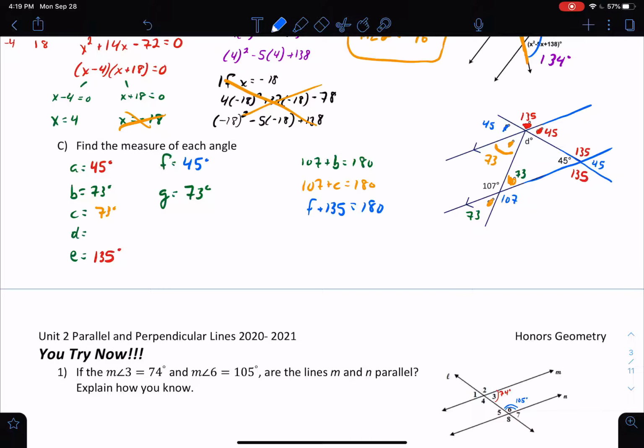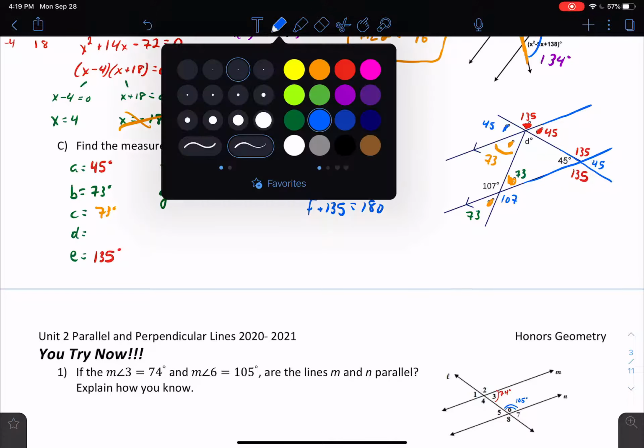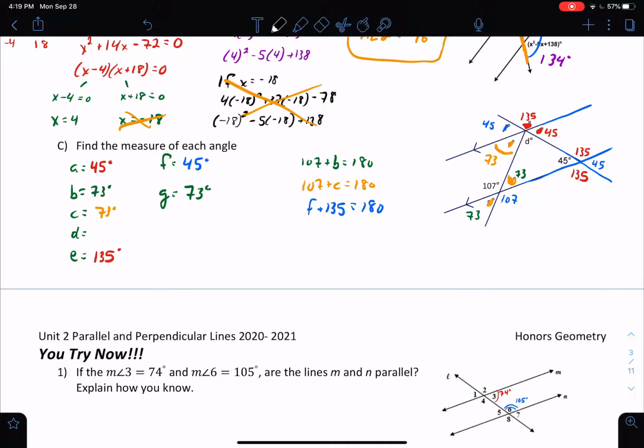My very last angle that I need to get is D. There are several ways to get to D. Hopefully you see that these three angles together form a straight line. So I've got this angle of 73 plus D plus 45 equals 180 degrees. And once I solve that for D, I'll get D to be 62 degrees.